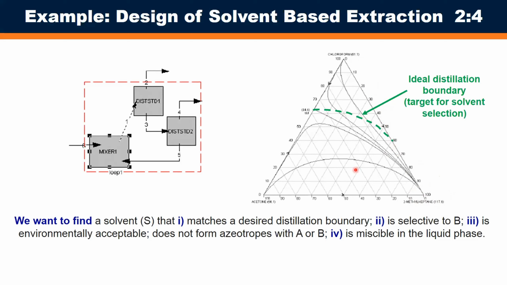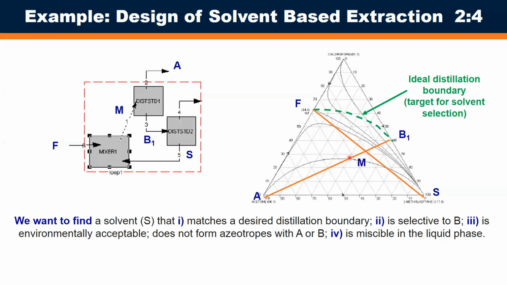Our feed is here, and we want to mix the feed with the solvent, so the locus would be on this line. Then we send that to a column that splits it so that out of the bottom comes a mixture that's only solvent and chloroform, and out the top is pure acetone.